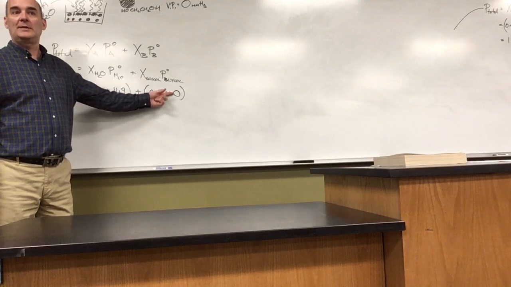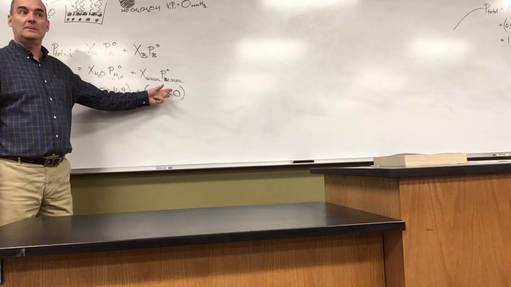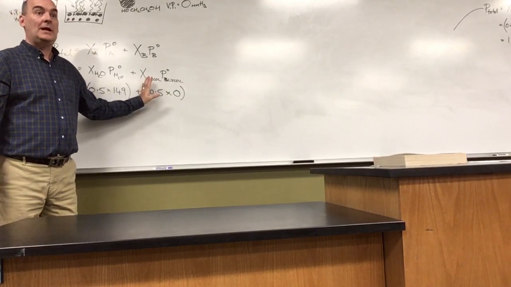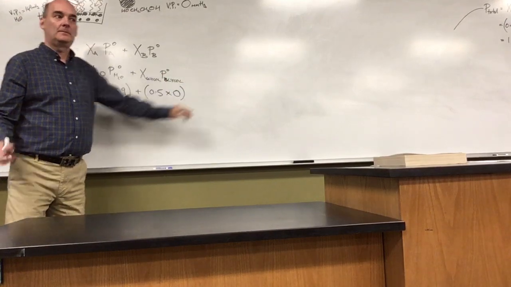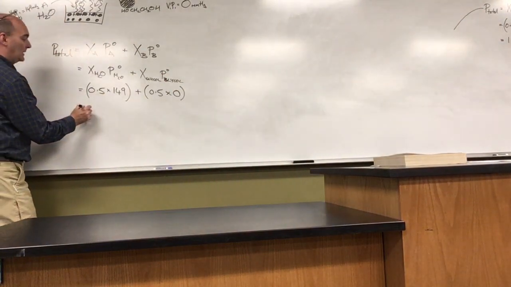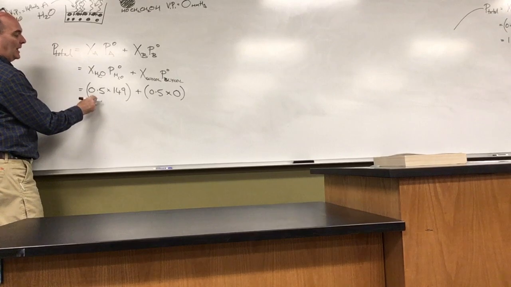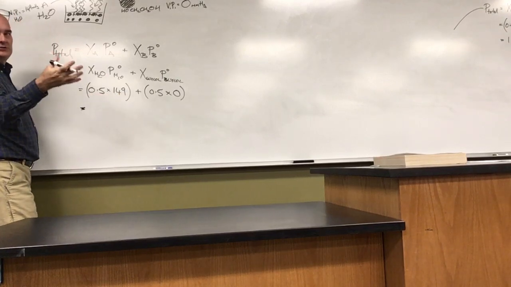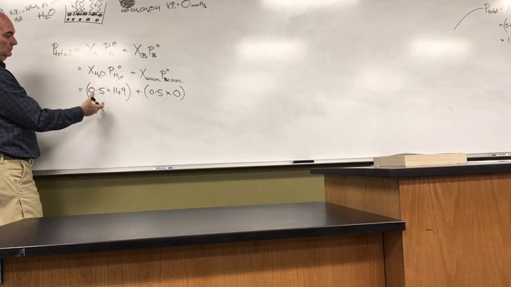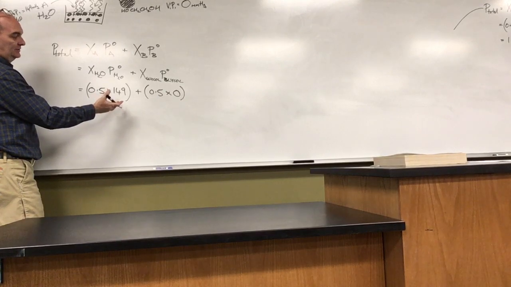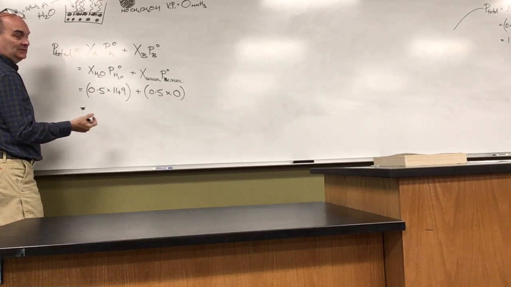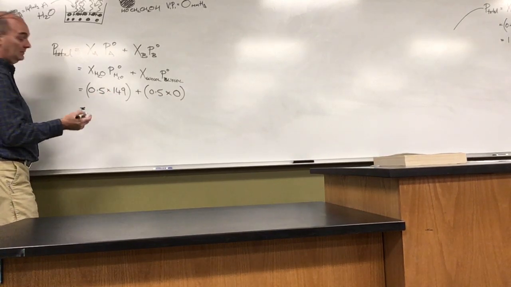What is 0.5 times 0? 0. That whole term just disappeared. So 0.5 times 149 equals 74.5.